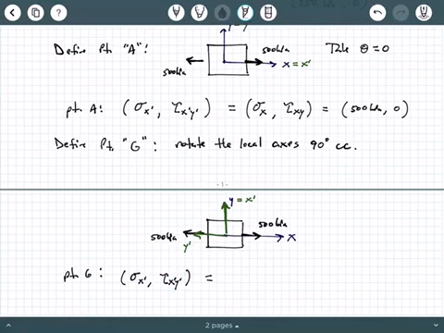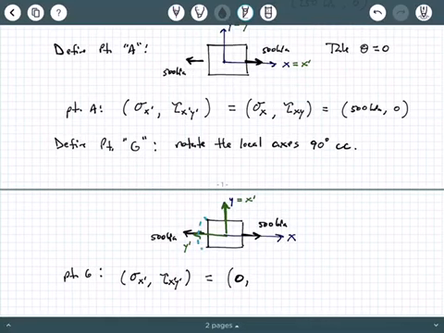Now let's define point G with respect to these local axes. Again, we use the generic sigma x prime, tau x prime y prime, but we're looking with respect to the local axes. Remember, these primes indicate local axes.